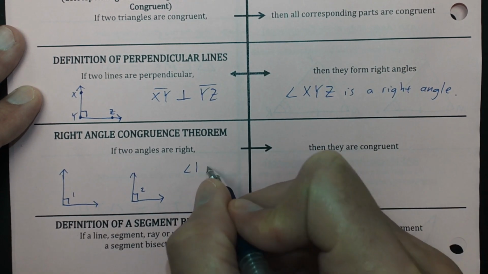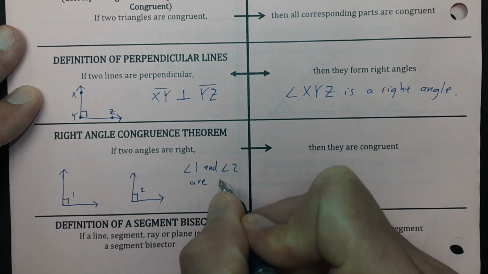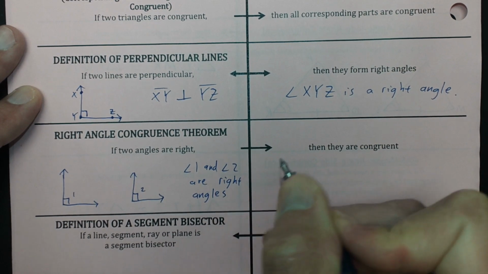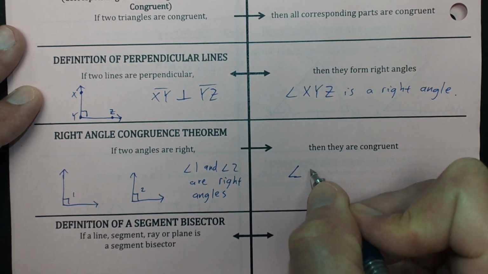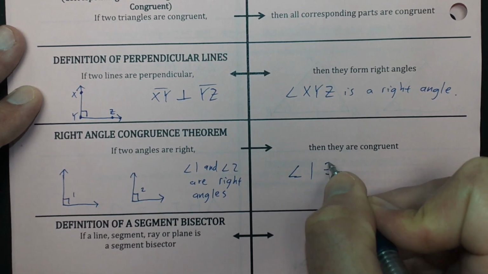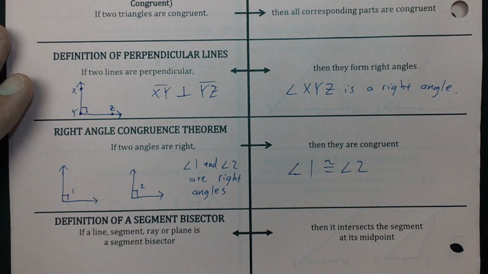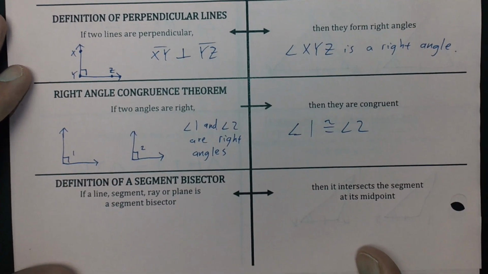So if angle 1 and angle 2 are right angles, then they're both congruent to each other. So angle 1 must be congruent to angle 2. Again, that's pretty straightforward, but this is a reason you will use in some proofs.